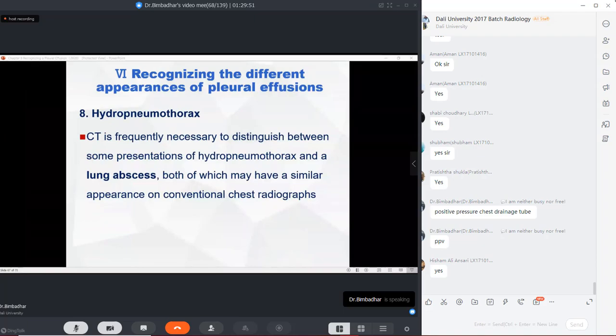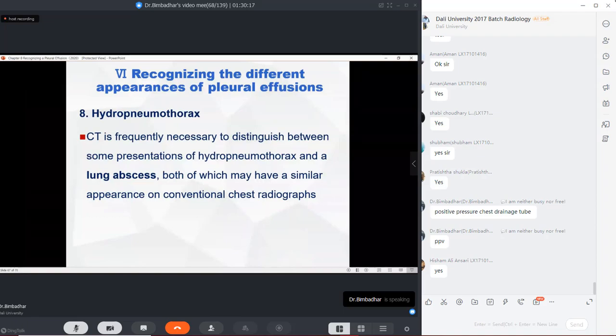An abscess is nothing but a granulomatous reaction with a caseous necrosis in it. But a cavity is a liquefactive necrosis. Yes or no? Right? It is a liquefactive necrosis where pus is released. But in an abscess, pus is there and also gas is released. So that's the reason in abscesses we will find an air fluid level.